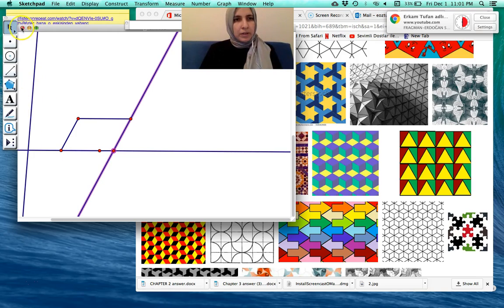This is a parallelogram. Let's hide this. Let's make a certain firstly, and then hide these.